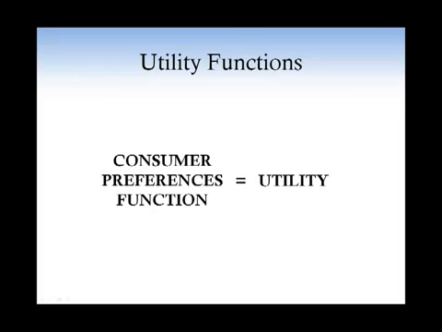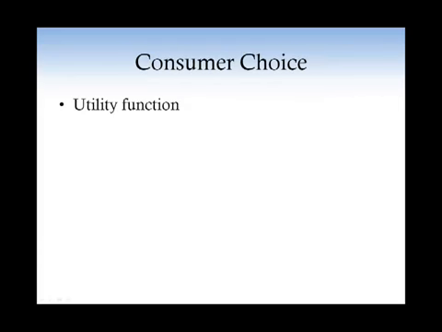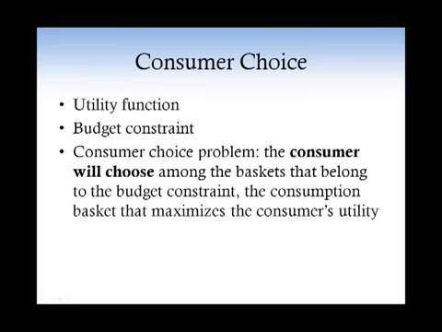Does it mean that for economists, people are functions? Not really. However, it means that if we know the utility function of a consumer and we know a budget constraint, then we can write the problem of choice of the consumer in a useful manner. That is, the consumer will choose the consumption basket that maximizes her utility function among the baskets that satisfy her budget constraint.